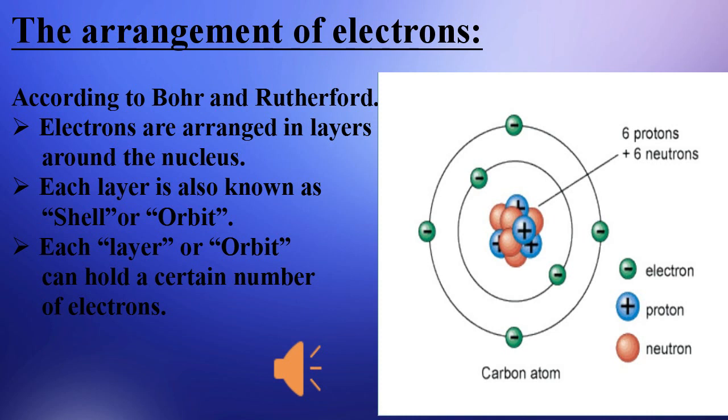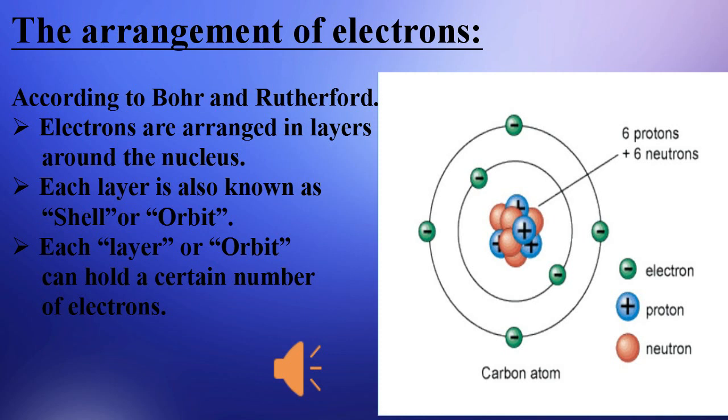Arrangement of electrons. Dear students, according to Bohr and Rutherford, electrons are arranged in layers around the nucleus. Each layer is also known as a shell or orbit.